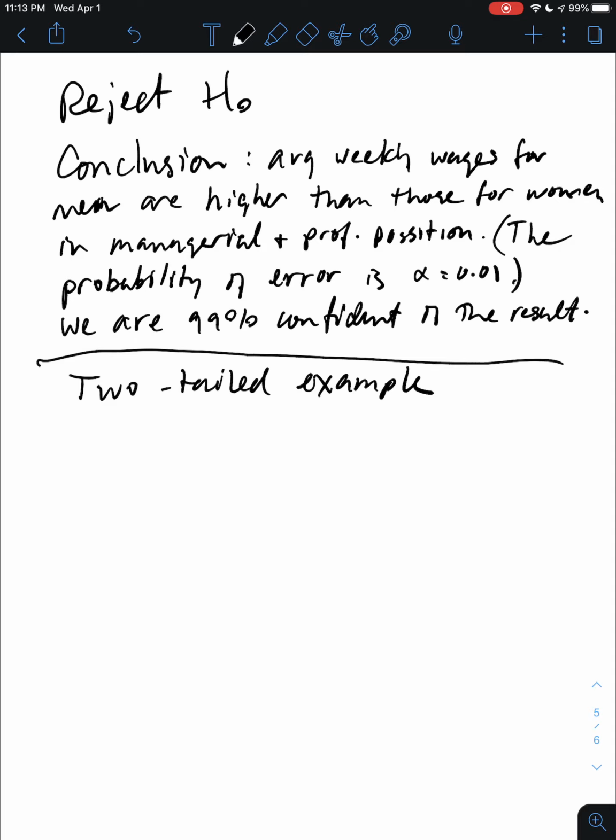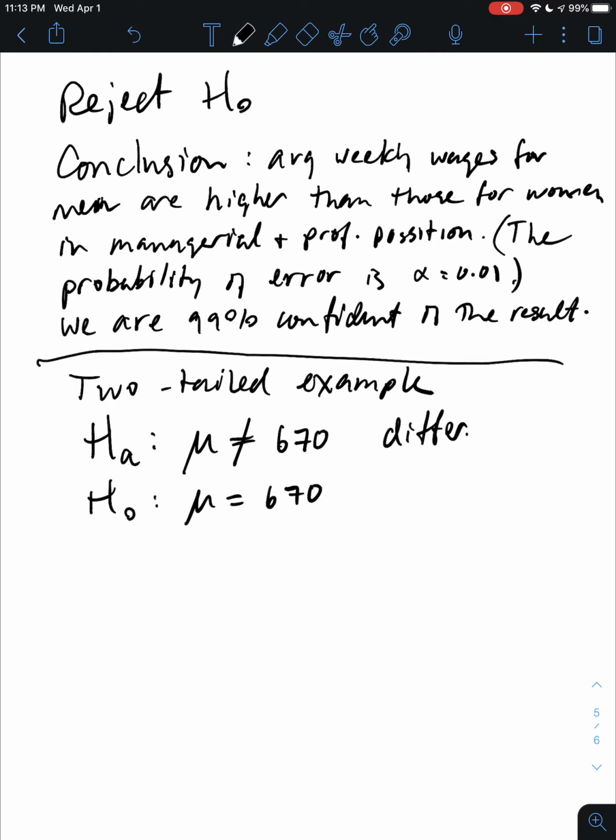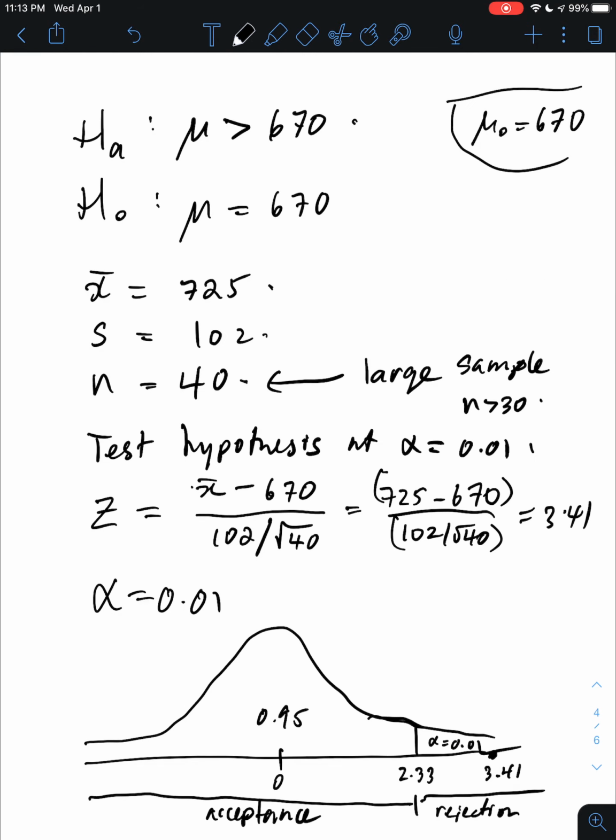So let's say we want to do the same question, but now our alternative hypothesis is that men's earnings are different from those of women. The null hypothesis will still be the same. So different here, and over here we're saying greater than.